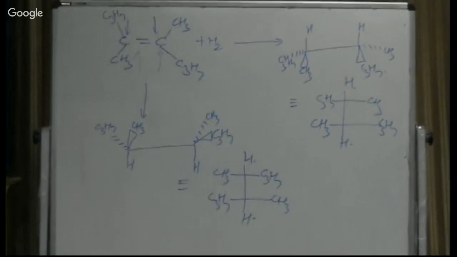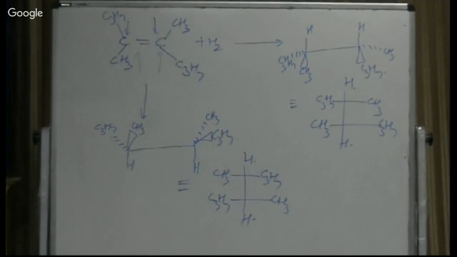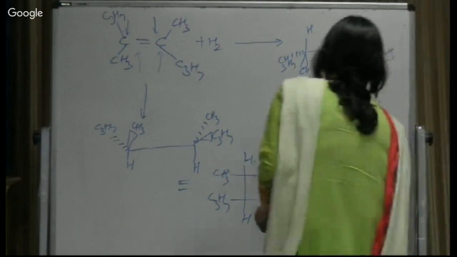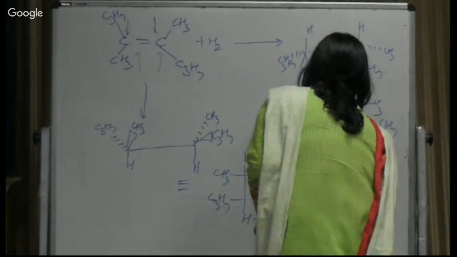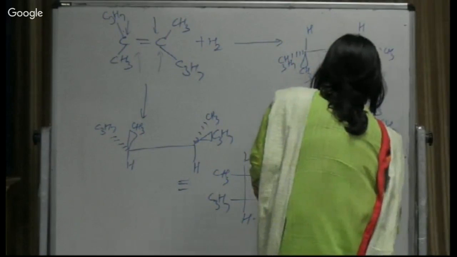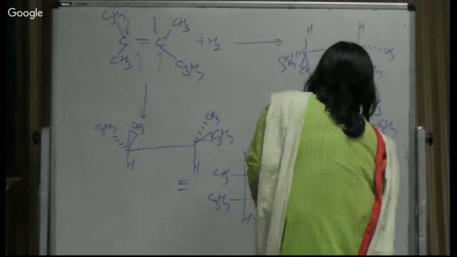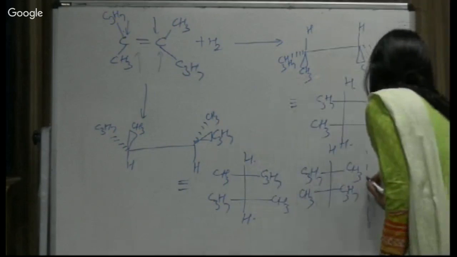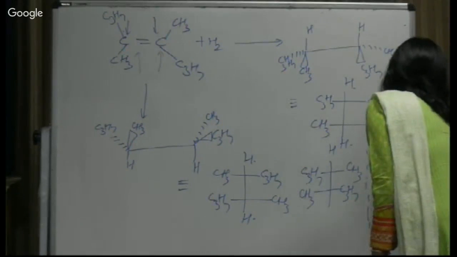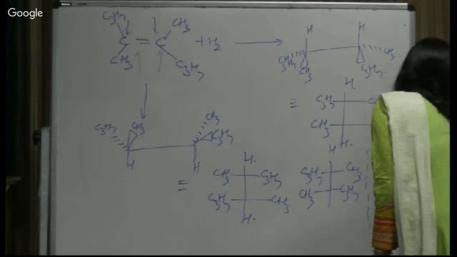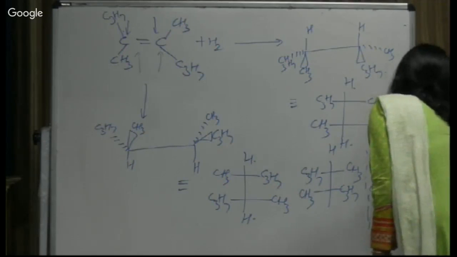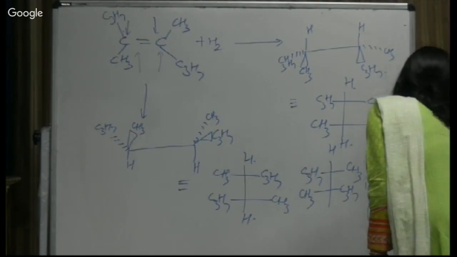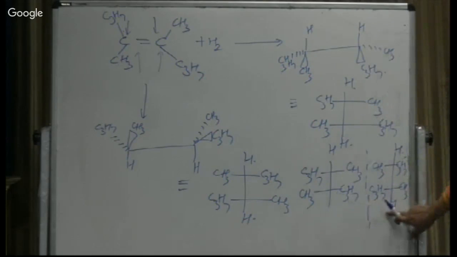Enantiomers are mirror images. Like for example, if you see this molecule and this molecule, if you put a mirror here, then how are they related to one another?